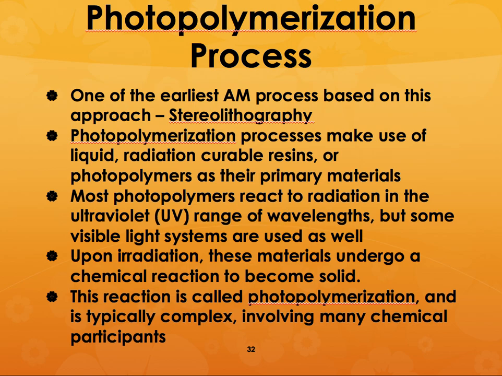They react to radiation in the UV range of wavelengths, but sometimes you also use visible light. Once you irradiate them, they undergo a chemical reaction to become a solid. This reaction is called photopolymerization, and it is a pretty complex chemical process.